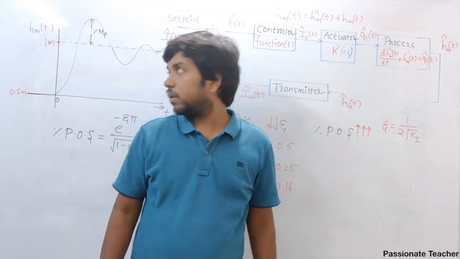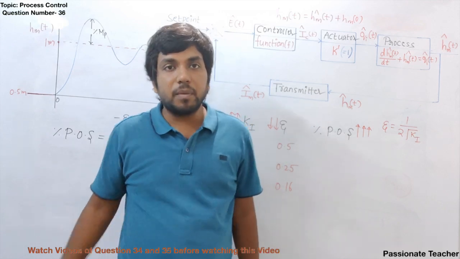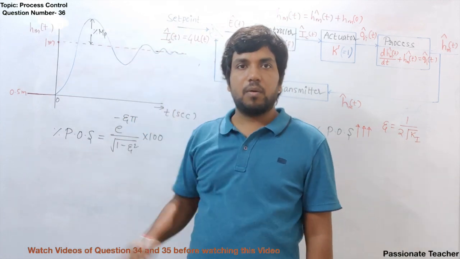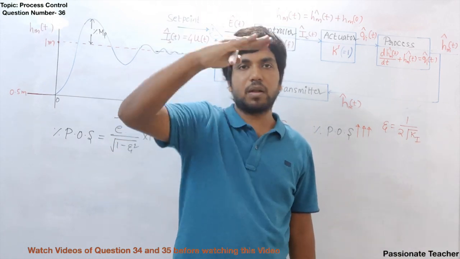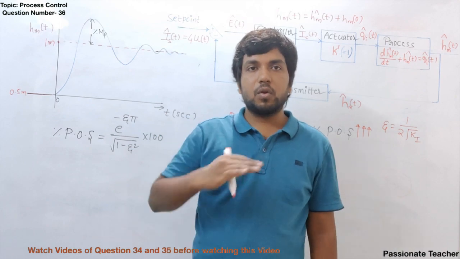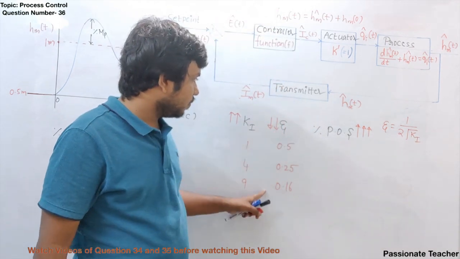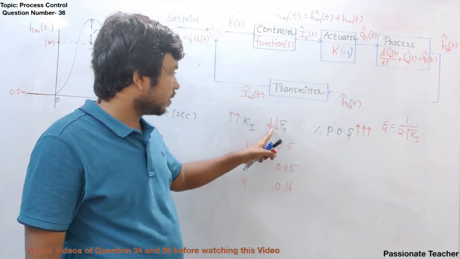If there is no damping, then this response is going to become undamped. And if it becomes undamped, then we are going to get complete oscillatory behavior in the water level. That means the water level is going to swing like this about 1 meter. It will not come to steady state. Clear? To make it come to steady state, definitely we need to have a proper value of zeta. Clear? And the percentage of peak overshoot actually depends on the value of zeta.